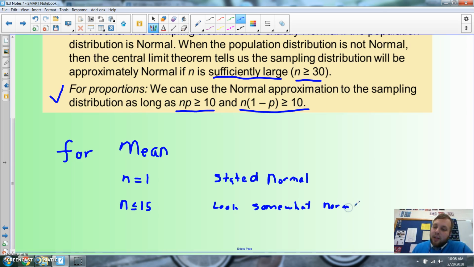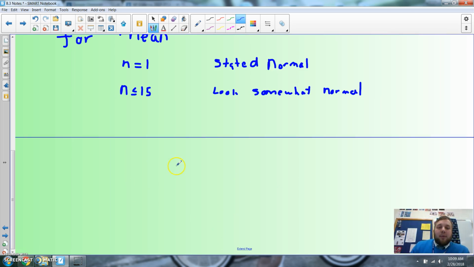And usually that's when they say it's approximately normal. So these two are almost the same rule. But here's the deal. We already know n has to be greater than or equal to 30. That's the CLT rule, central limit theorem. That means no matter what the shape looks like, it's going to be normal.